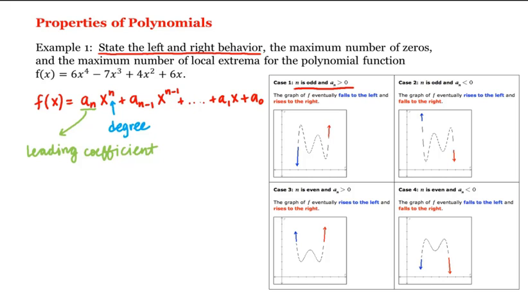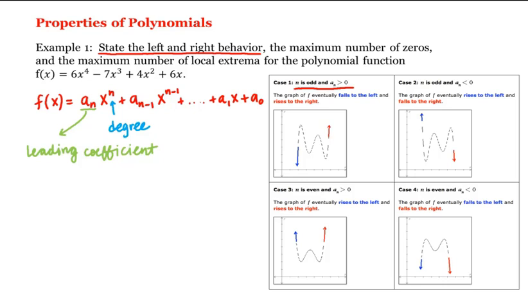And this should make sense to you, because as x goes to positive infinity or negative infinity, the leading term a sub n x to the n will dominate all the other terms combined. So if n is odd and x goes to infinity, then x to the n will also go to infinity. And because a sub n is greater than 0, then the graph will eventually rise without bound as x goes to infinity.